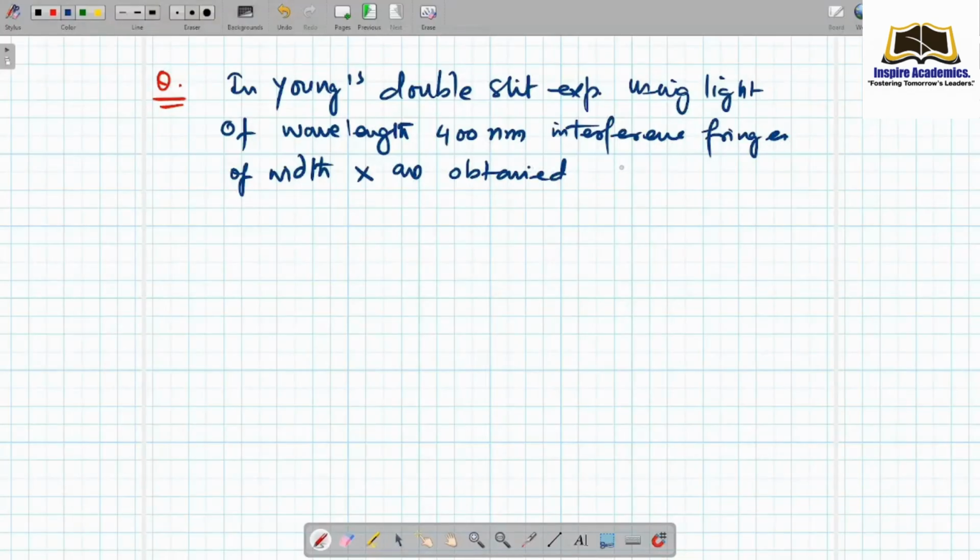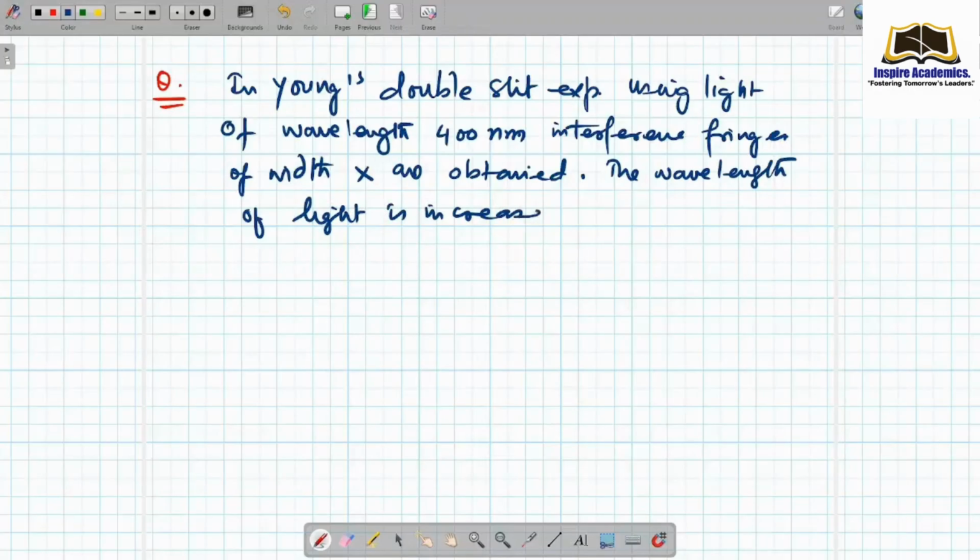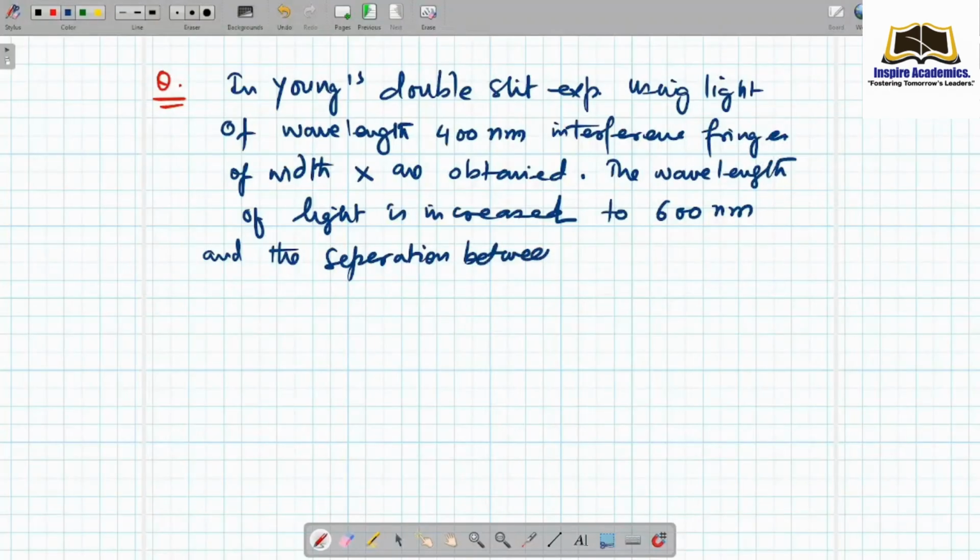The wavelength of light is increased to 600 nanometer, and the separation between the slit is halved. Halved means आधा कर दिया.